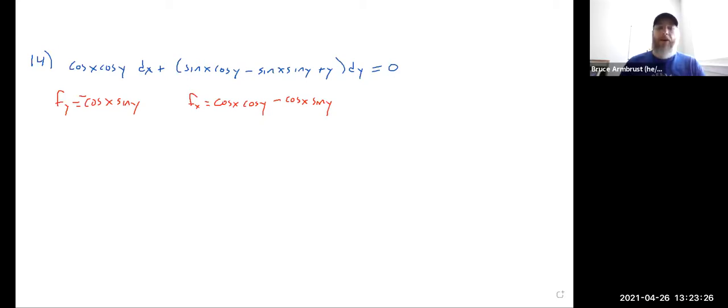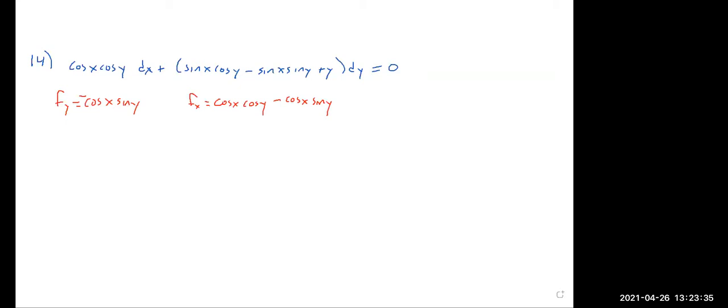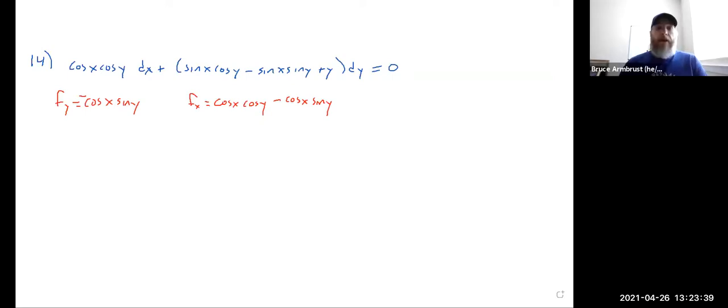Okay, good. Yeah, so I should probably go back to their notation, right? The M_y minus N_x stuff. But we want to look at the difference of those and see if we can divide it by either M or N and get it so that it's only a function of one variable.